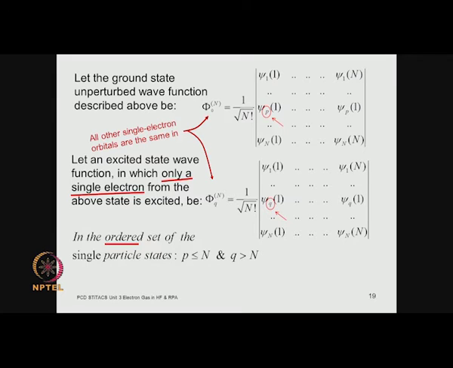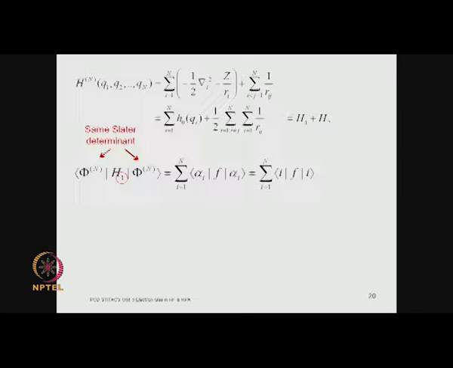So, that is what we have got. Of course, we are referring to the ordered set. Without reference to the ordered set, this discussion will not have any significance, and in this ordered set q is greater than n and p is less than or equal to n. Now, let us have a look at the matrix element of the single particle operators.